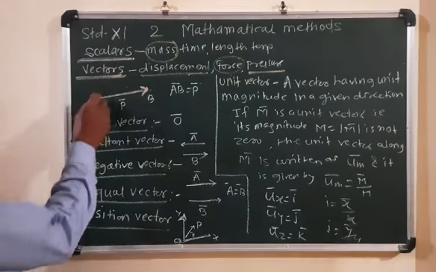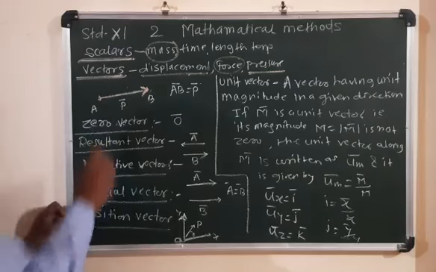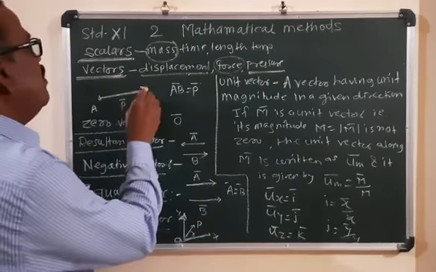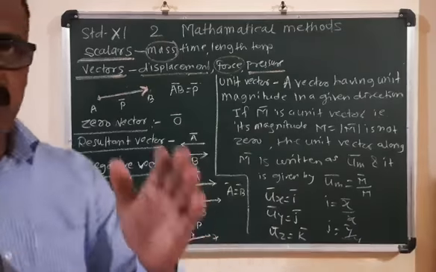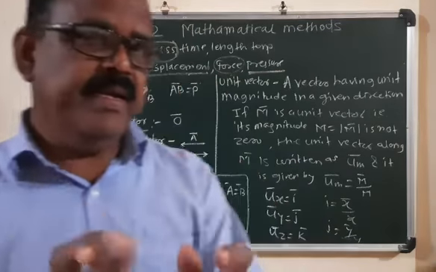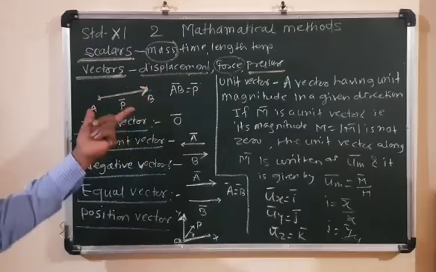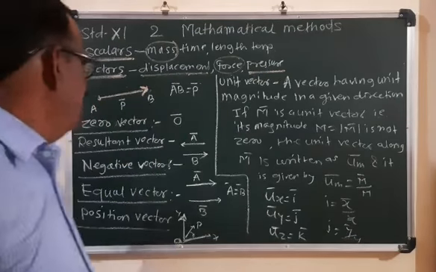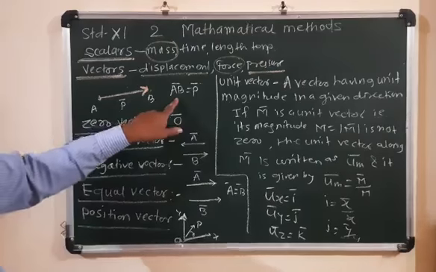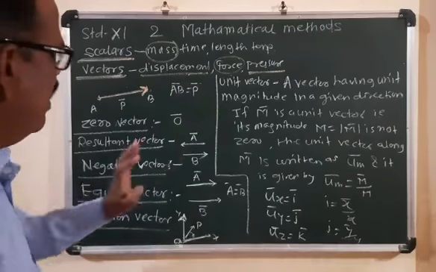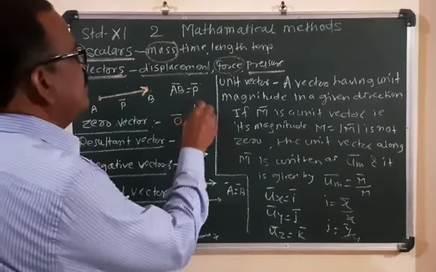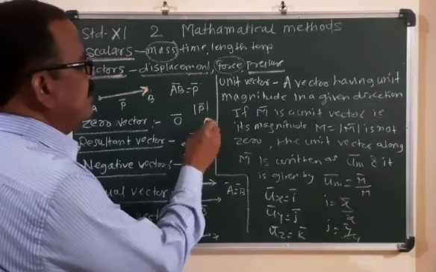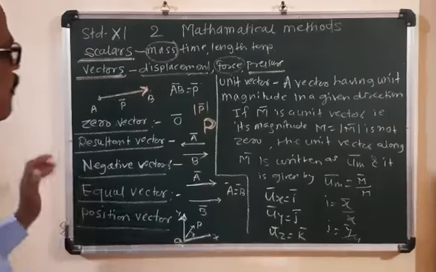The starting point A is called the tail of the vector, and the arrow, which is the end point, is called the head of the vector. The head gives the direction of the vector, and the distance between A and B gives the magnitude. It can be represented by AB bar equal to P bar, or by mod P bar, or by the bold-faced letter P.